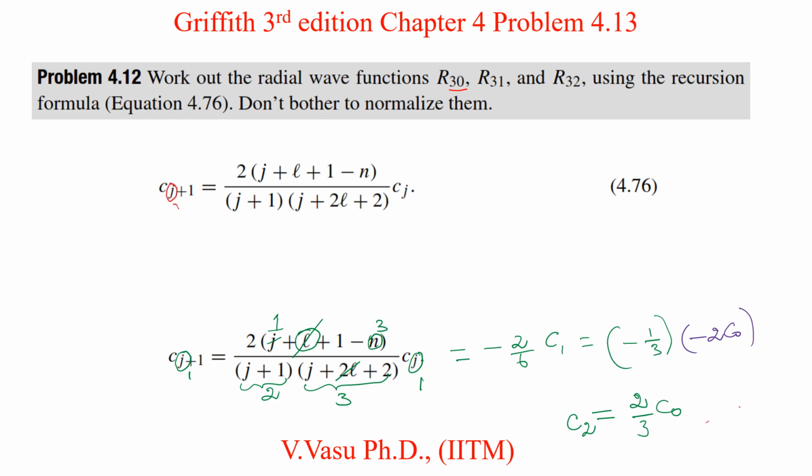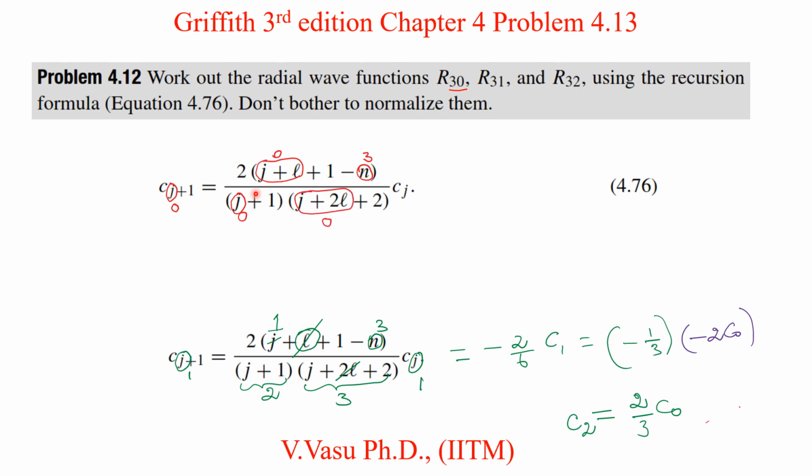First you take j as 0. That means we will get c1, which is equal to 2 times, here j is 0 and l is also 0, and n is 3. Similarly, in the denominator, j is 0 and l is 0, so this will become 0.